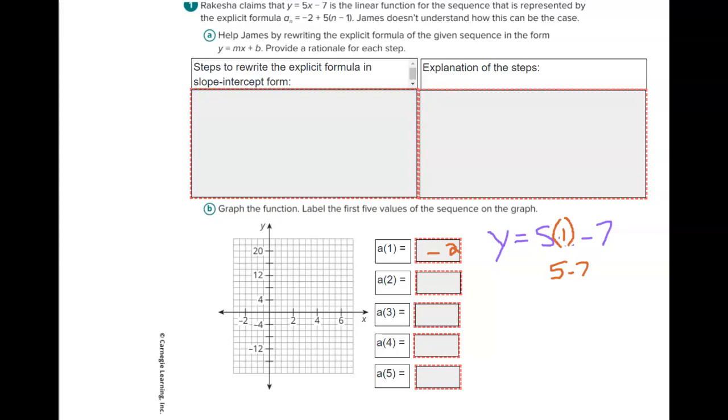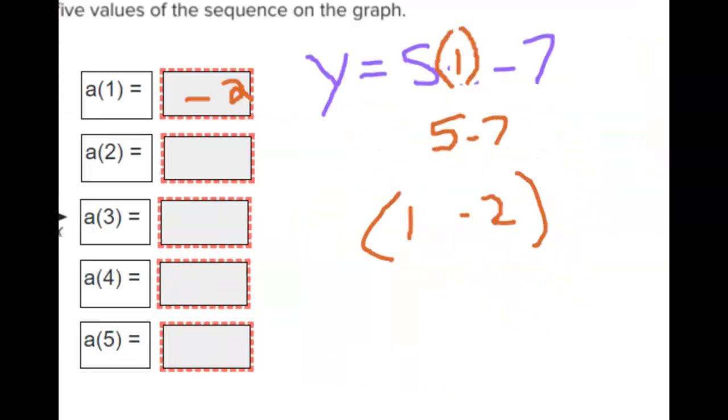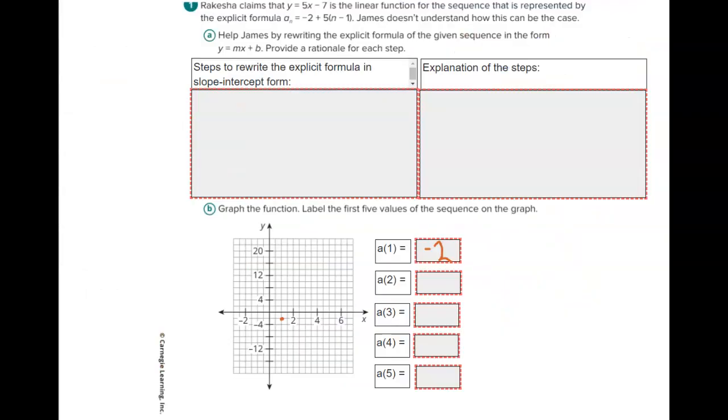And then you're going to graph that point of 1, that's our input, -2 on this graph. So 1 is right here, -2 is right here. So you're going to graph your point. Then you're going to go on to the next. So we're going to graph a different point. The next input that we're putting in is 2.